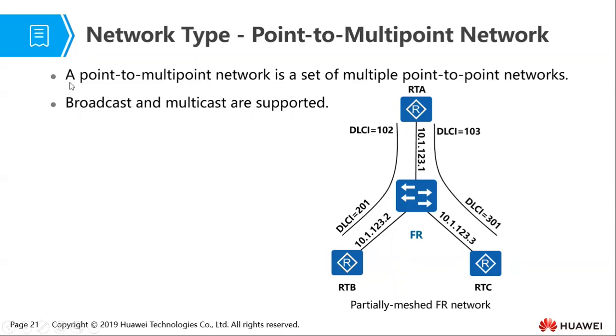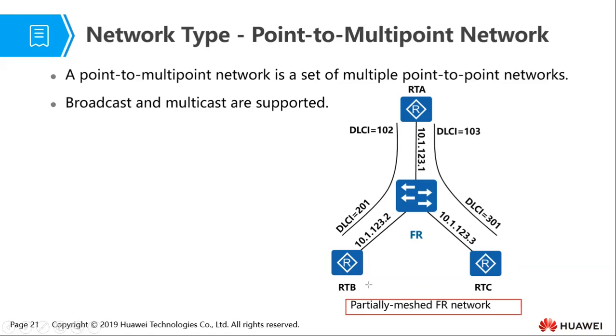Okay. Then point to multipoint. Point to multipoint is a set of multiple point-to-point networks. It almost looks like NBMA, but this one is not fully meshed. It is what we call a partially meshed frame relay network.